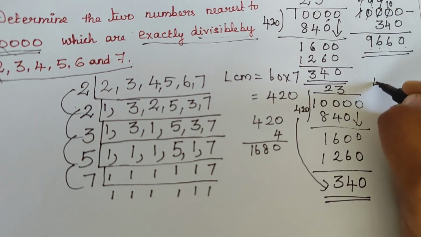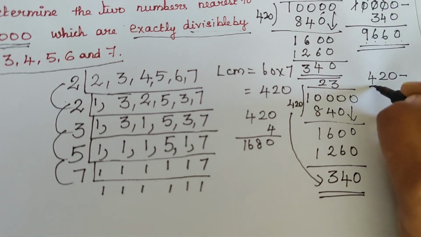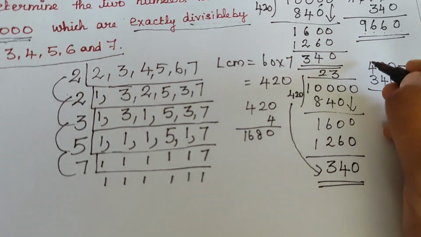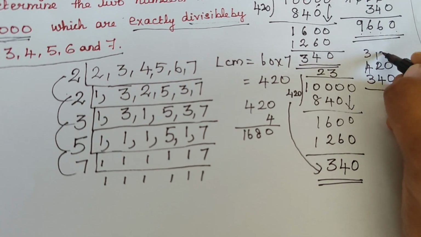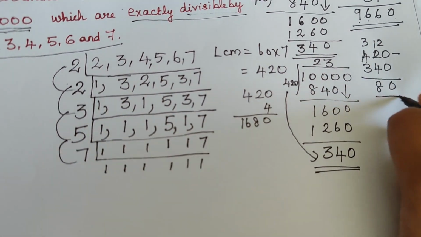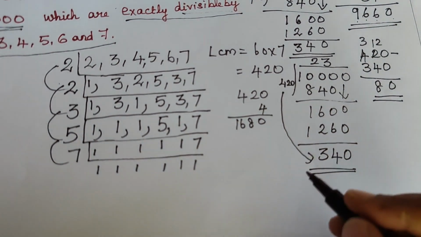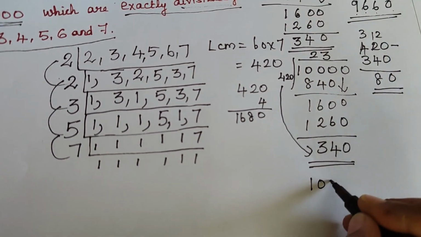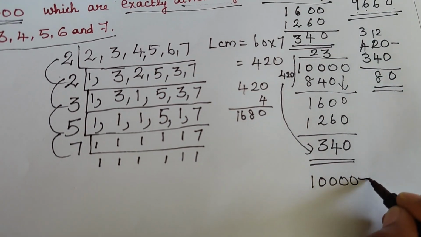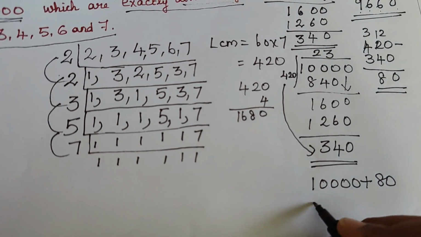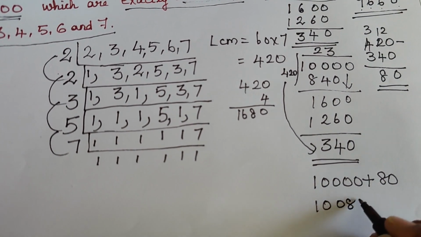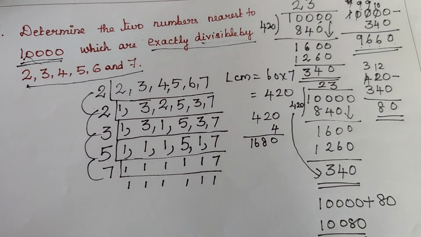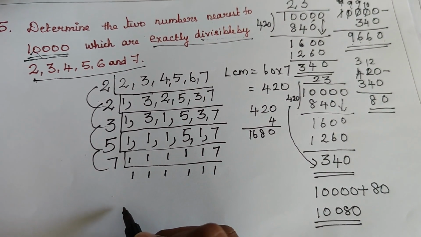See here, 420 minus 340. 0, 3, 12, 12 minus 4, 8. So 80 more is needed to get one complete 420. So I'll add this here, 10,000 plus 80, 10,080.